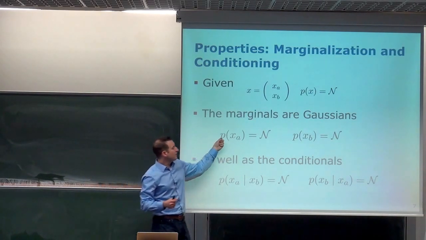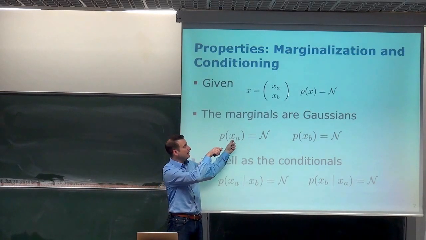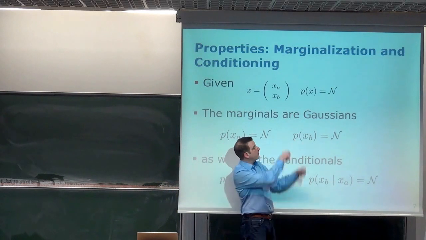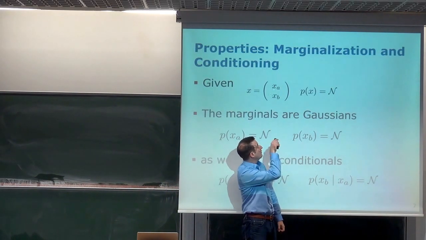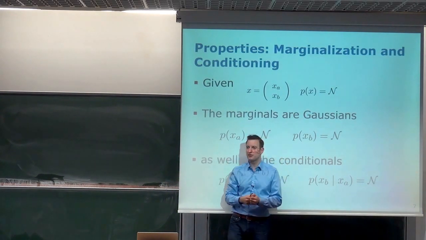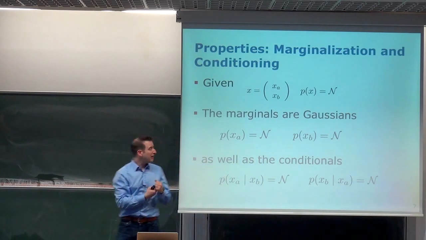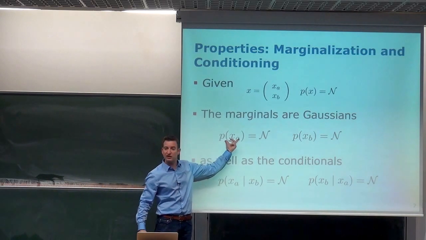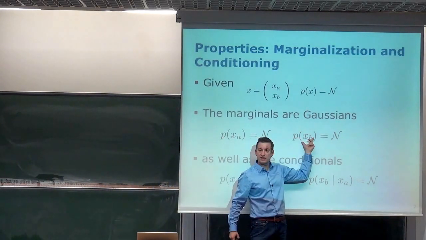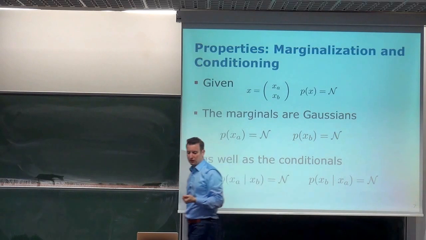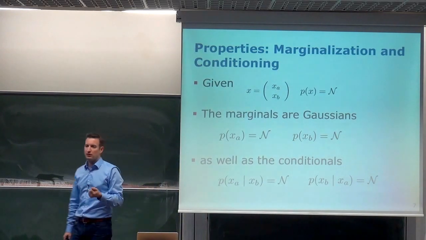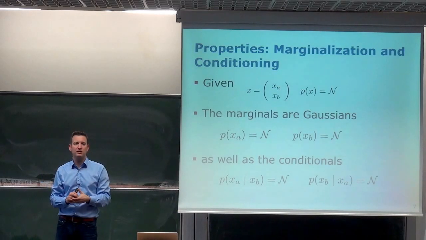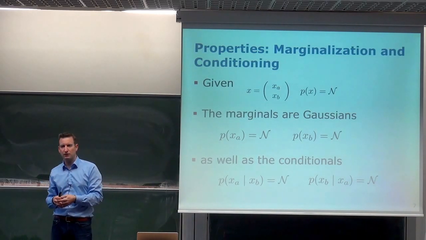That means the distribution only about P of A, not taking into account P of B, is a Gaussian, and the same holds the other way around. The distribution about P of B is also Gaussian. So if I marginalize out XA or XB, in this case I marginalize out XB, in this case I marginalize out XA, and they are both Gaussian distributions. Okay, so I can take a part of the state space and I only look into the probability distribution of this part of the state space.